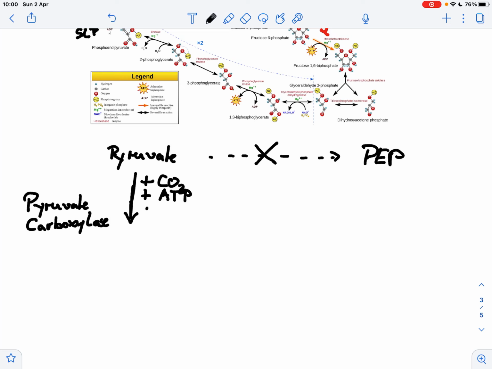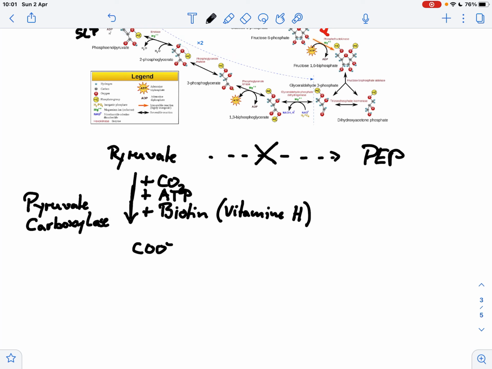We also need another vitamin here. We need a compound called biotin, which is also known as vitamin H, which contains sulfur. And from this, with this reaction, we create basically pyruvate plus carbon dioxide.